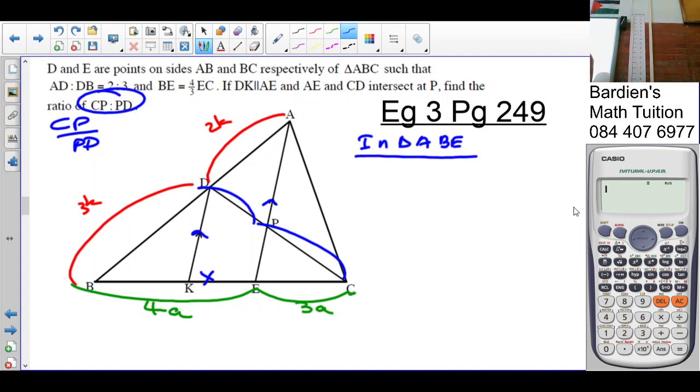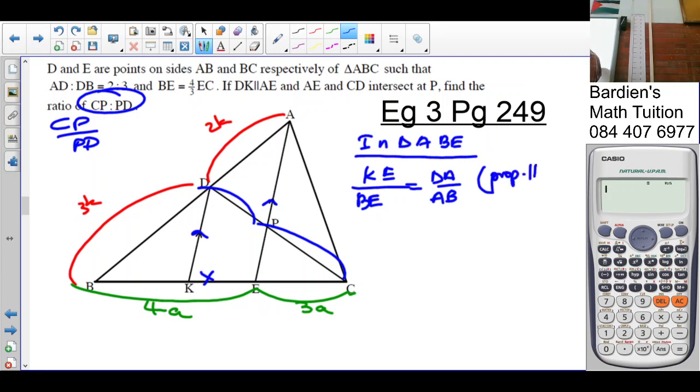Okay, so in triangle ABE, since I want to work out KE, we can say that KE over BE is equal to DA over AB. What's your reason here?